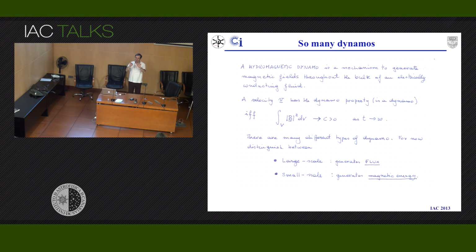So think of it this way. You have a line in a finite volume. So you start with a line. This line almost moves with the fluid because Rm is very large. So you start stirring this thing, and this line gets longer and longer and longer. So eventually, it's going to get as long as you want. So you think, oh, great, I've done it. I've created a dynamo because this line has become infinitely long.